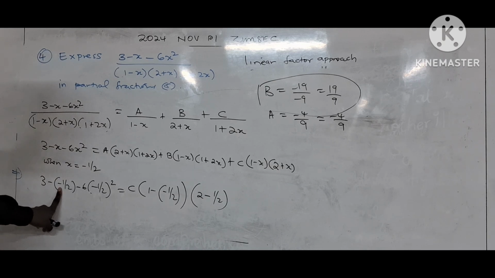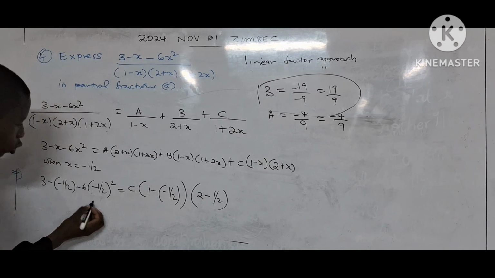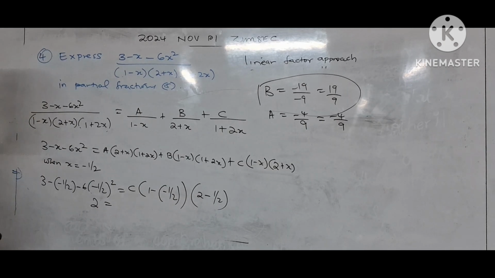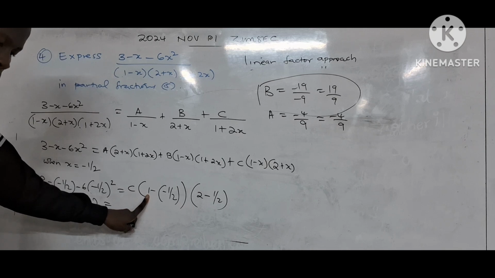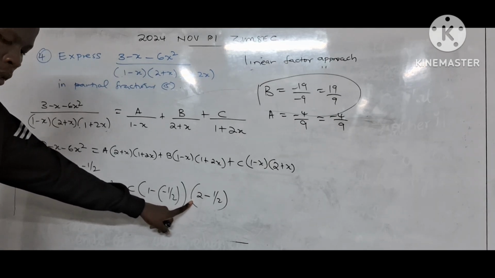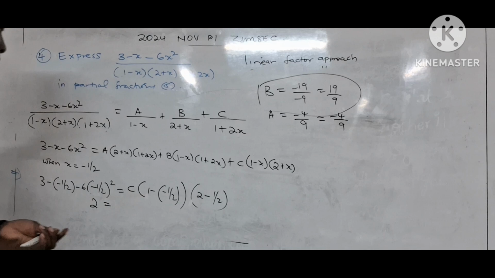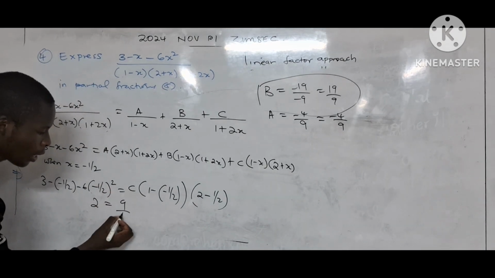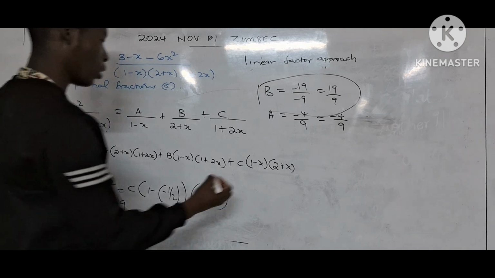Okay, this is 3 plus half minus 6 into 1 by 4, so this is 2. So 2 is equal to C into 3 by 2 multiplied by 3 by 2, you get 9 by 4 C. Now what is the value of C?